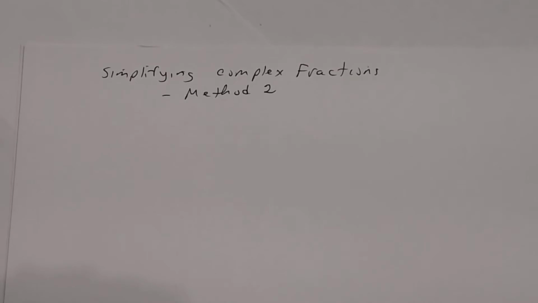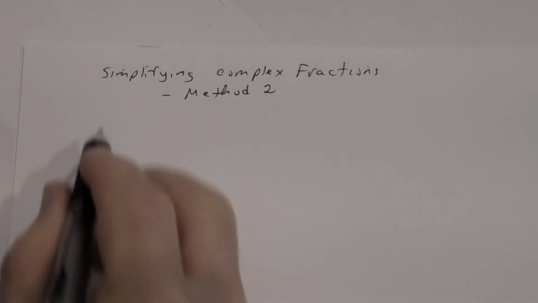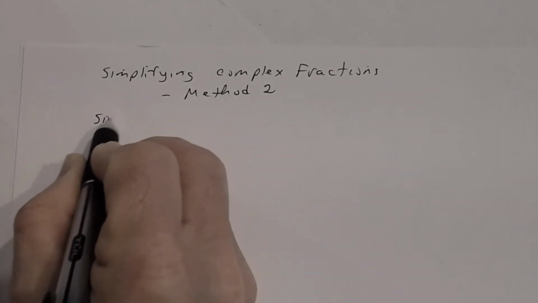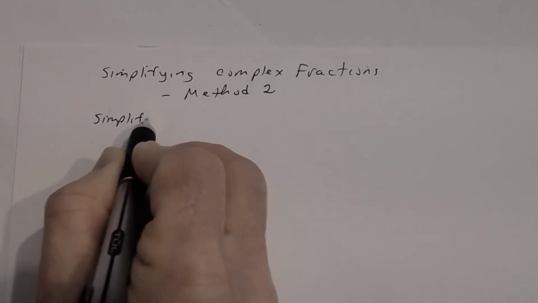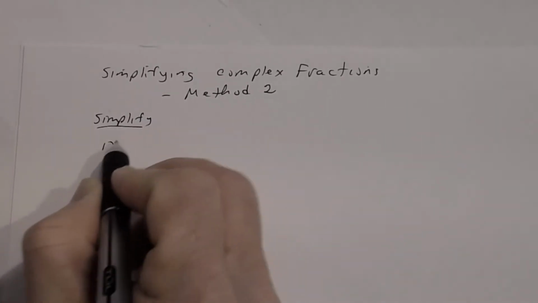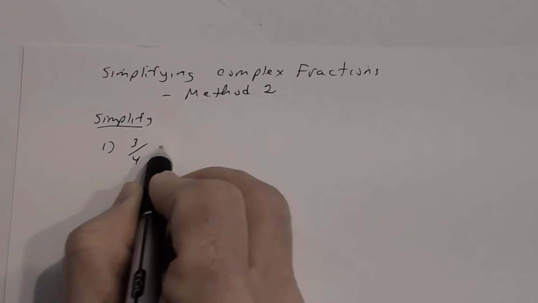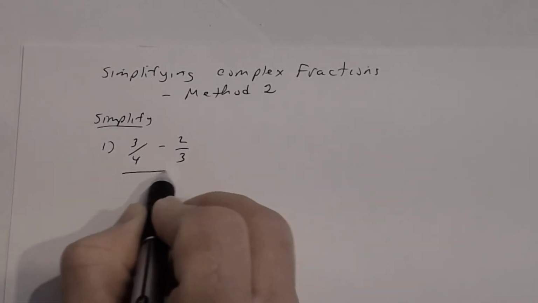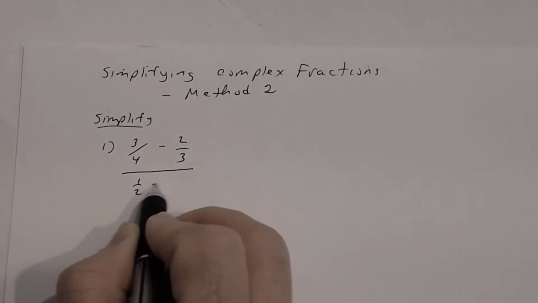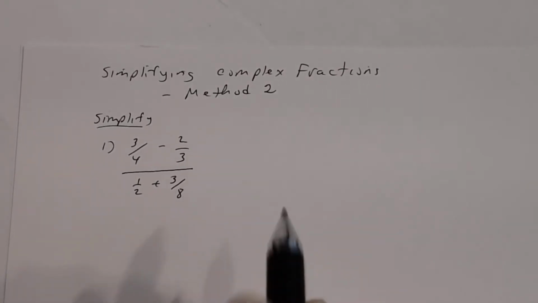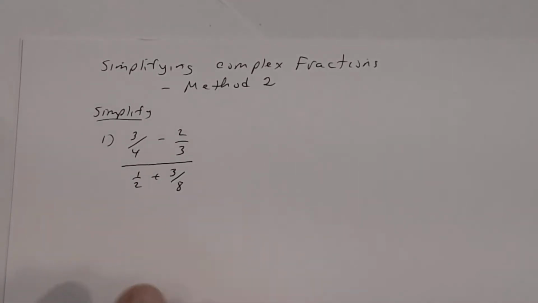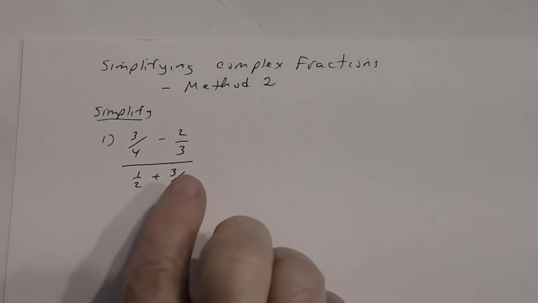Okay, let's look at this example to get us started. Remember, the directions will probably say simplify. Number 1: 3/4 minus 2/3, divided by 1/2 plus 3/8. Make sure you're using the correct method. This is method 2, not method 1.